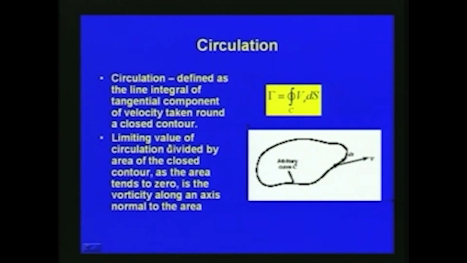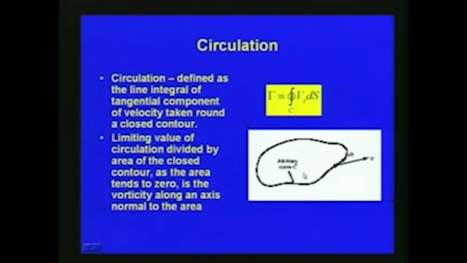The limiting value of circulation divided by the area of the closed contour, as the area tends to 0, is the vorticity along an axis normal to the area.